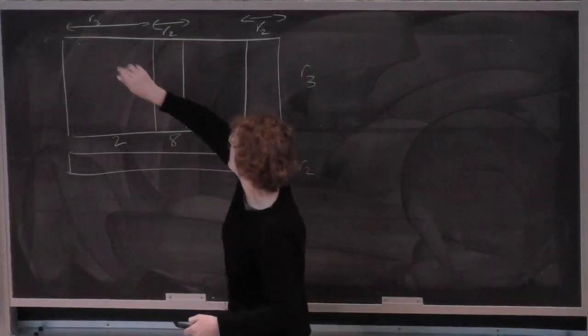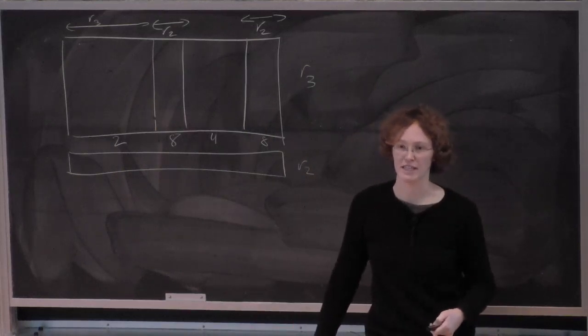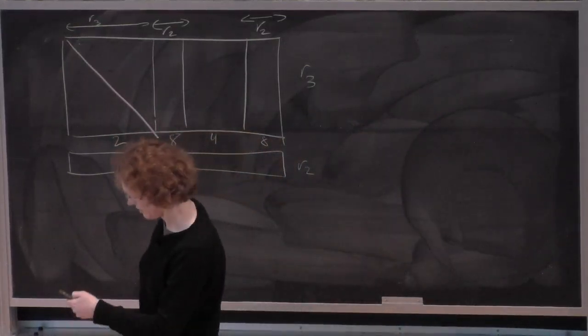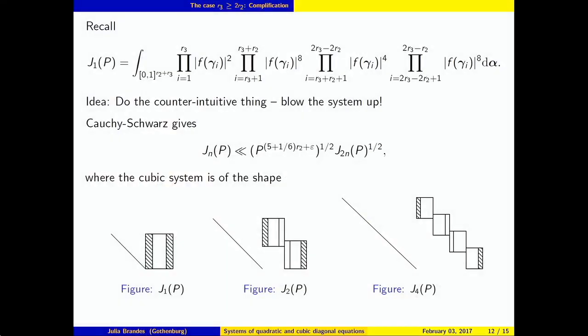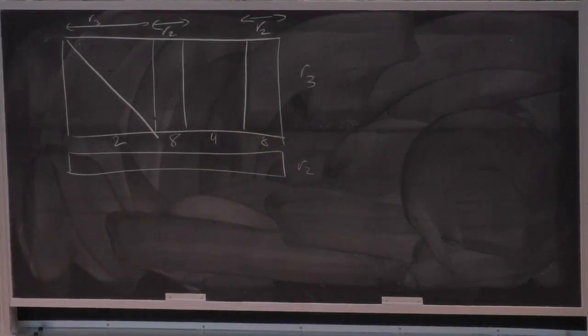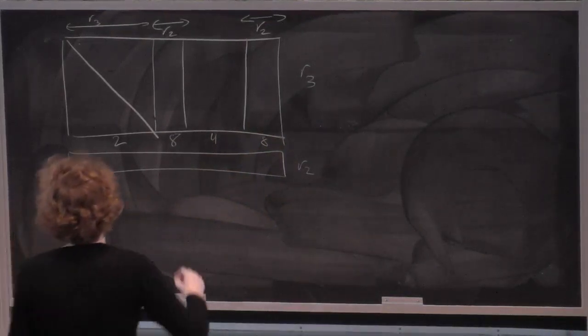Now this part is an R3 times R3 matrix, so we can diagonalize that. That's what I did down here. And now we're going to Cauchy-Schwarz, so we're going to take, do we have a color? Yellow, I like yellow.